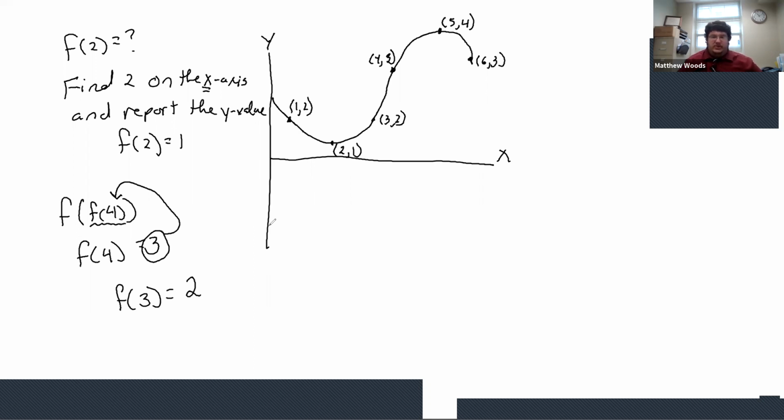Sometimes you'll get questions about word problems dealing with graphs. So if you take something like this, for example, let's say we have something that looks like this.